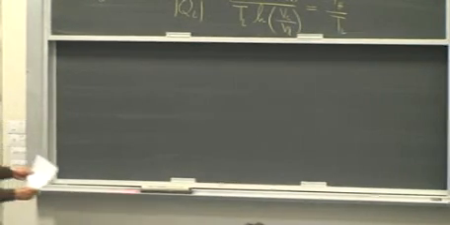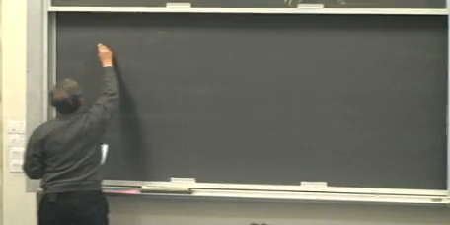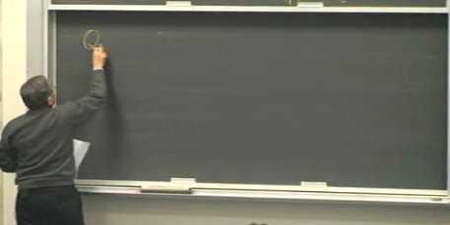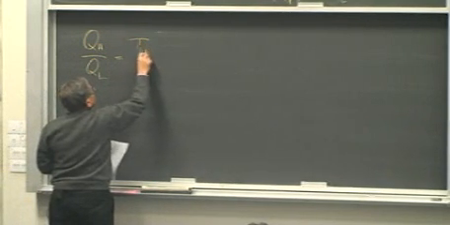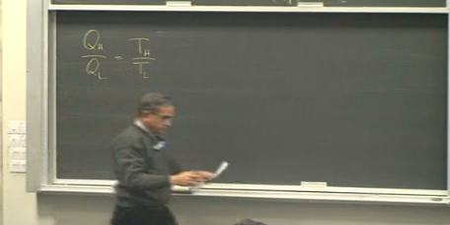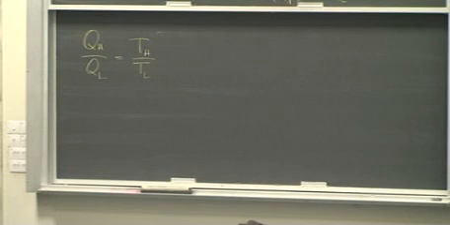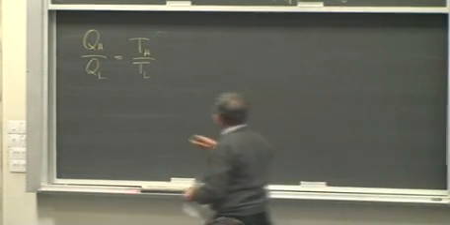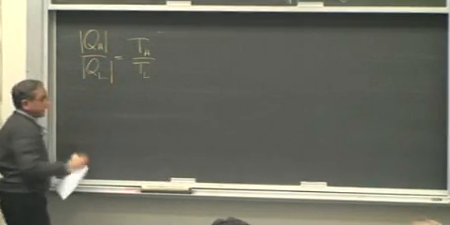So for us the important relationship is QH over QL is the same as TH over TL. I could, in fact, with the signs of magnitude that these things should carry all the time with them.